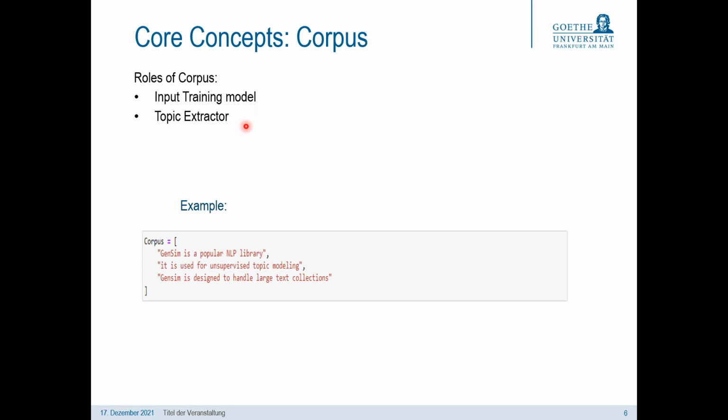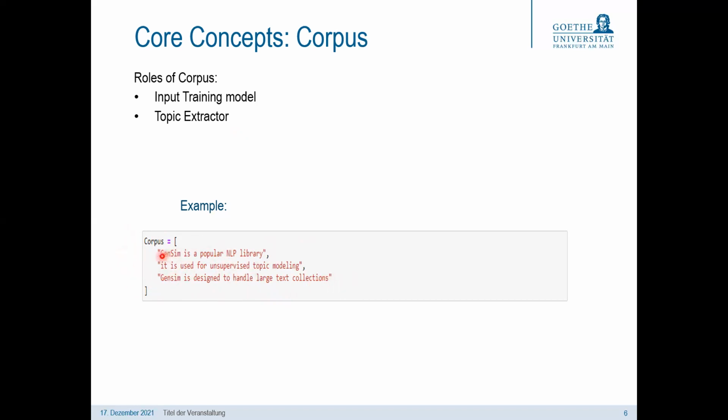Once the model is trained, it can be used to extract topics from new documents. Here, the new documents are the ones not used in the training phase. Here I am showing you one of the simplest examples of a corpus. It contains 3 documents, and each document is just one sentence.